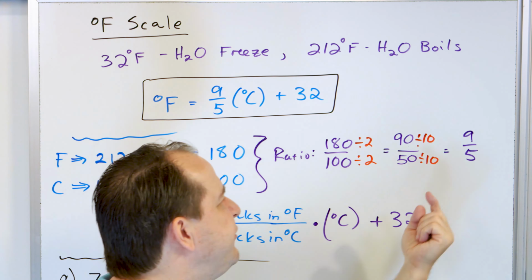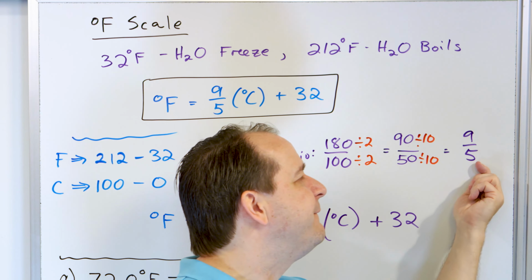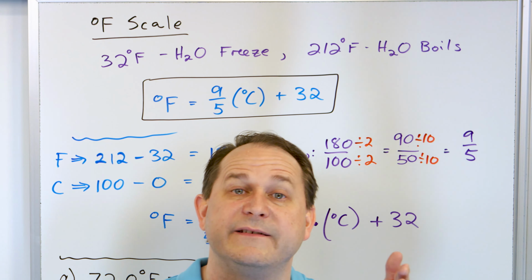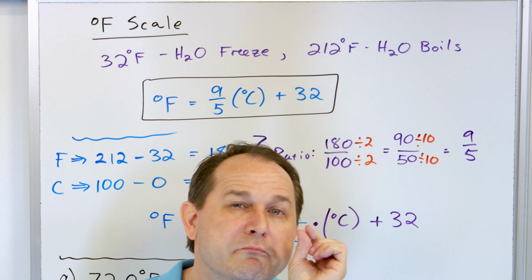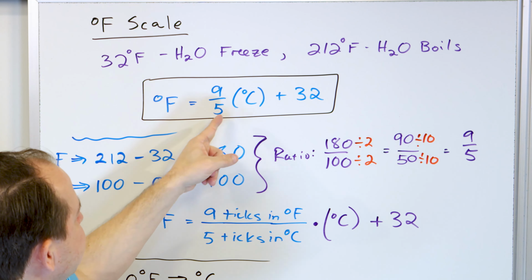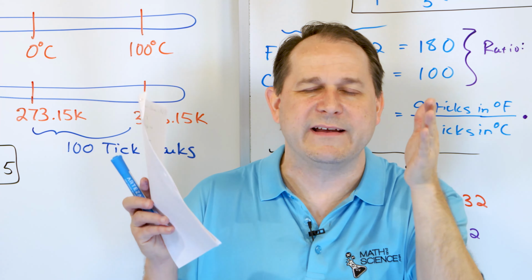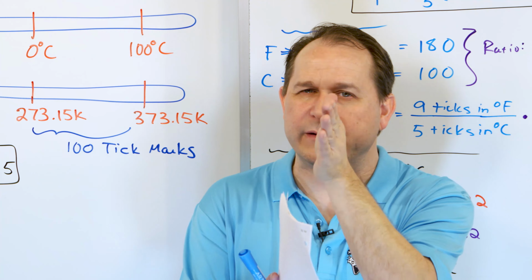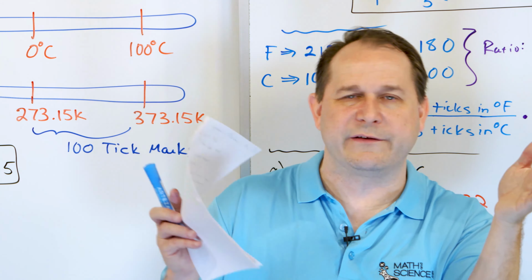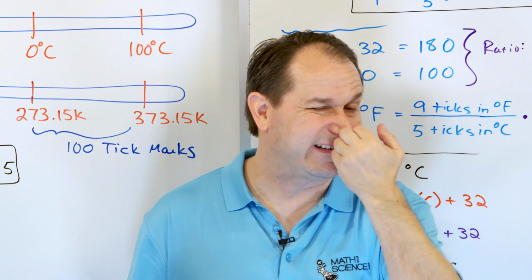It leads to the ratio of 9 temperature tick marks in Fahrenheit for every 5 in Celsius, because the tick marks are smaller in Fahrenheit. That leads to this crazy equation, 9/5 Celsius, and we have to add the 32 because it's not 0 degrees at the freezing point of water. It's 32 degrees versus 0, so we have to shift the numbers up to get to the same place.